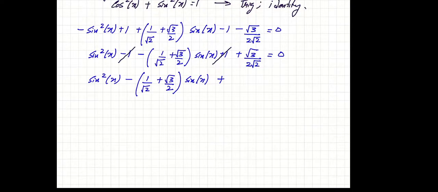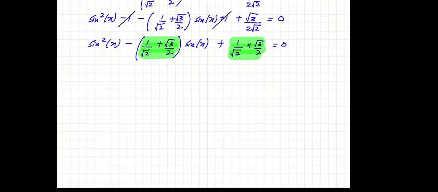By looking at this beast here, I will write this one as 1 divided by square root 2 times square root 3 divided by 2. When I see that structure, all of the structures I taught you.